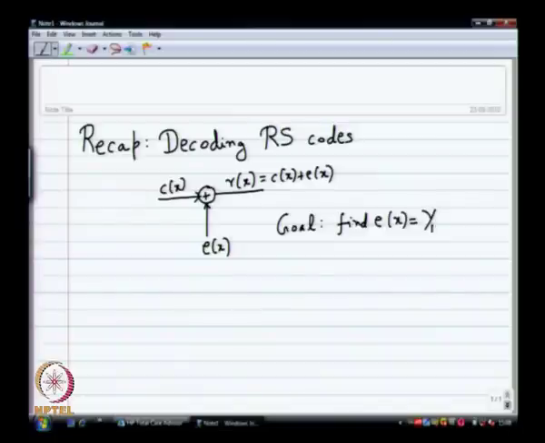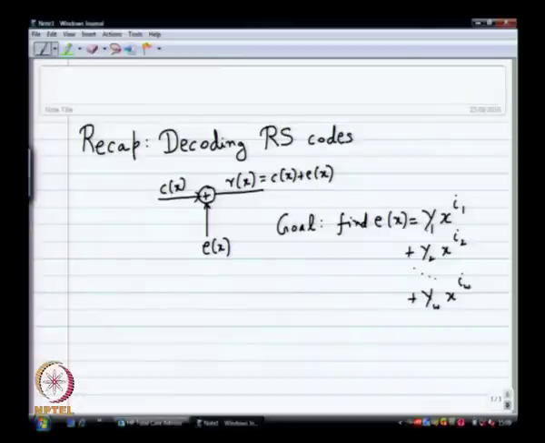Basically, we say it is y1 x power I1 plus y2 x power I2, so on till yw x power IW. So we assume that the error polynomial is in this form.